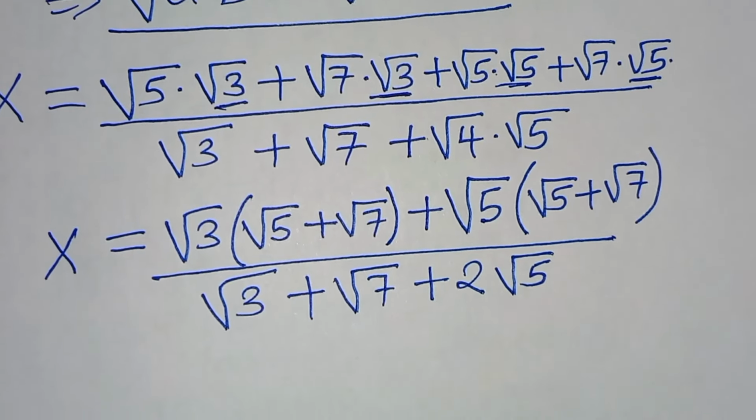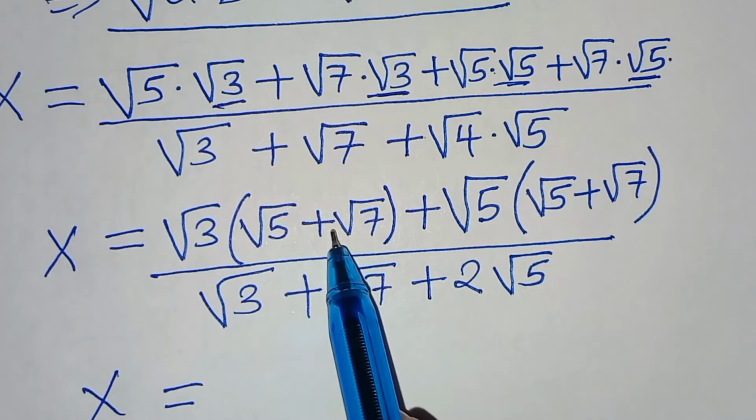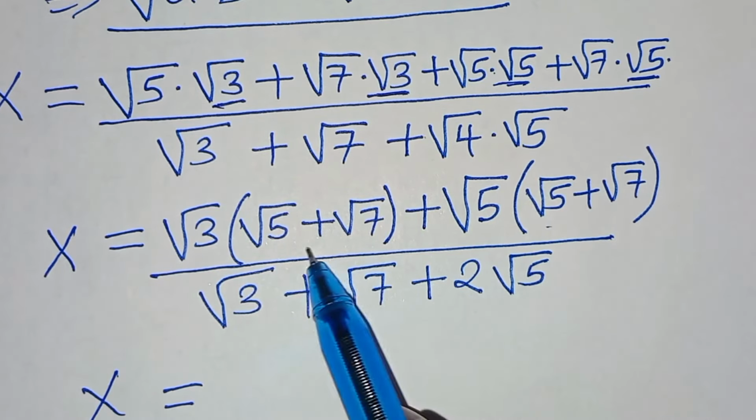So let's proceed. We have x is equal to, now we have square root of 5 plus square root of 7 and square root of 5 plus square root of 7. This is common here.